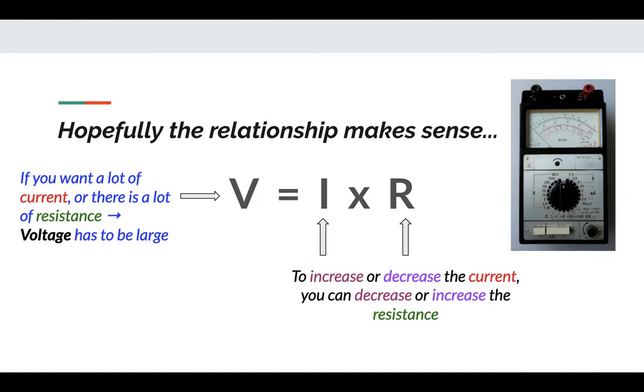If I increase or decrease my current, I'm going to increase or decrease my resistance correspondingly, and vice versa. I can decrease my current in a circuit by increasing my resistance, or I could reverse that. I could lower my resistance and increase my current, depending on what it is I'm trying to accomplish. And that's going to be a valuable tool depending on what electrical device I'm happening to use.